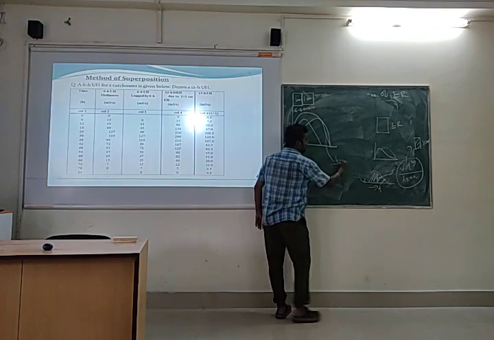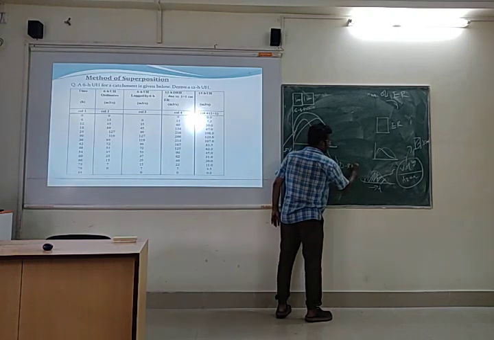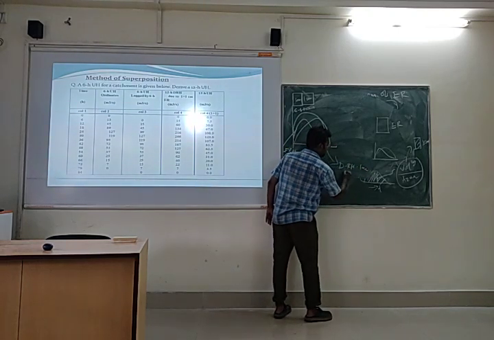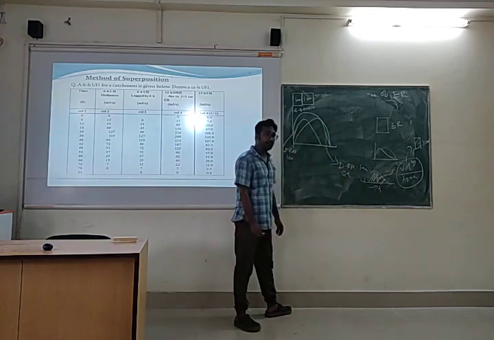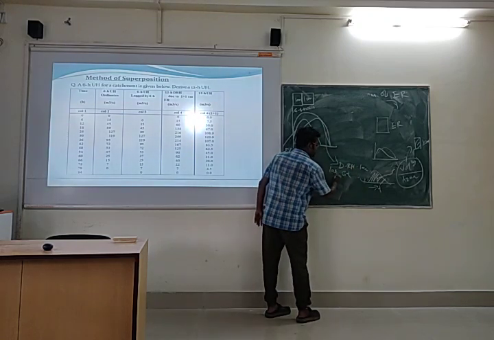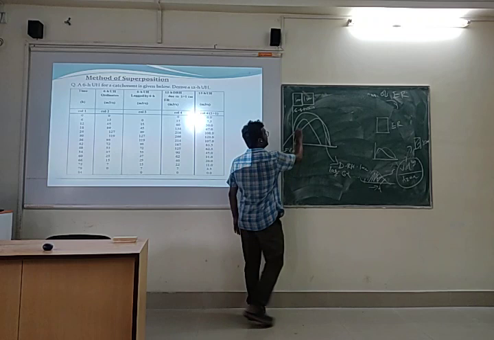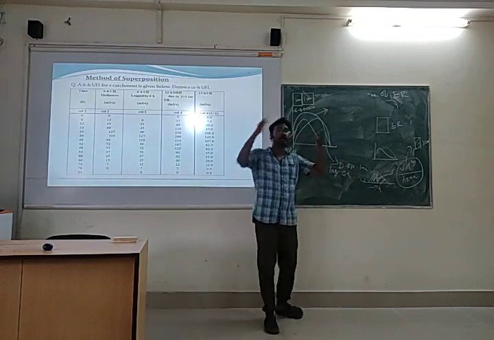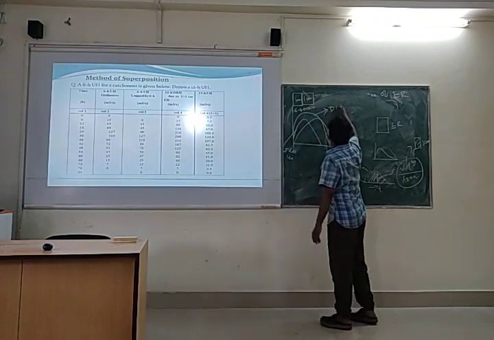The second one is also a direct runoff hydrograph for 1 centimeter of precipitation, lagging by 6 hours. And this one is the combined direct runoff hydrograph.